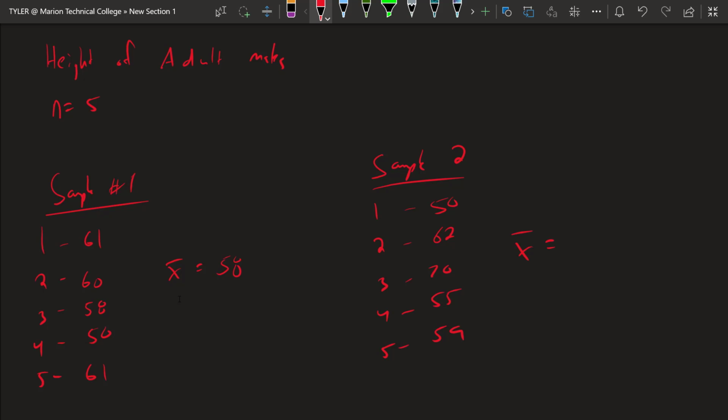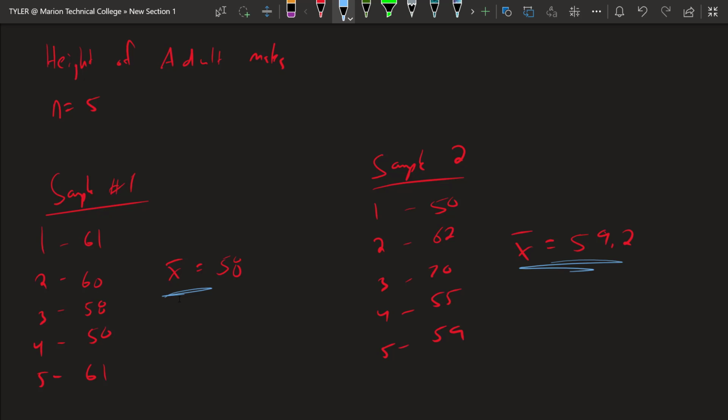So we get 50 plus 62 plus 70 plus 55 plus 59, divide that by 5, and I get 59.2, right? So notice that these vary, and it makes sense that these would vary because if I pick 5 different people with different heights, the sample mean is going to vary.